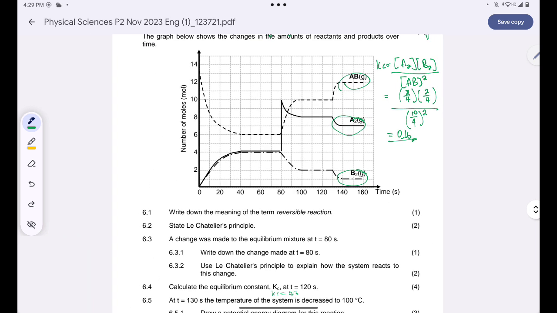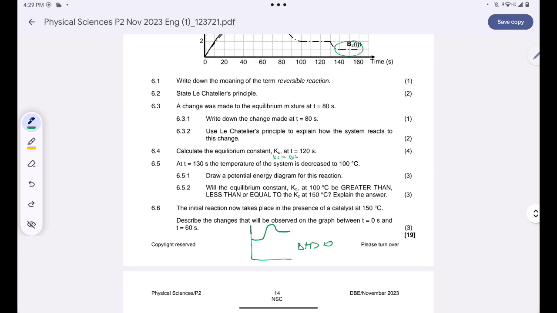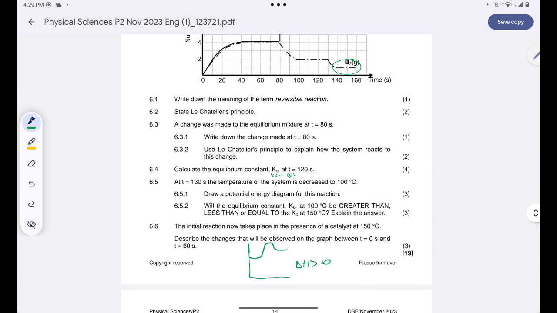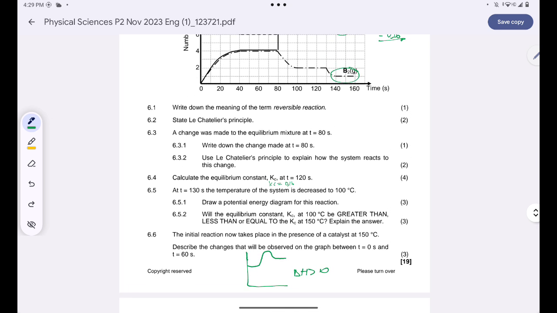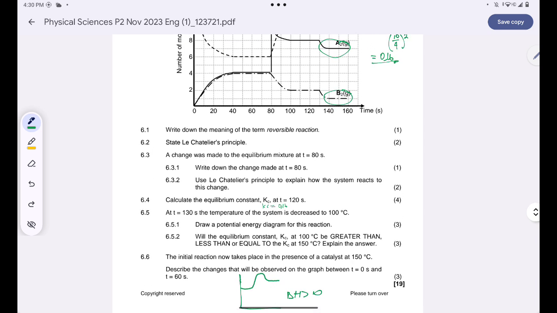So in this case, they've decreased the temperature in an endothermic reaction, therefore the Kc will decrease. Okay, the initial reaction now takes place in the presence of a catalyst at 150 degrees. Describe the change that will be observed on the graphs between time 0 and time 60.